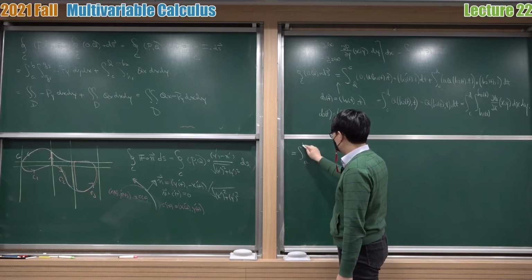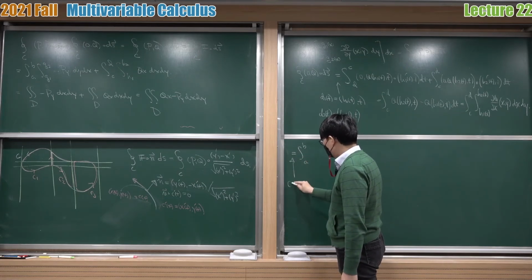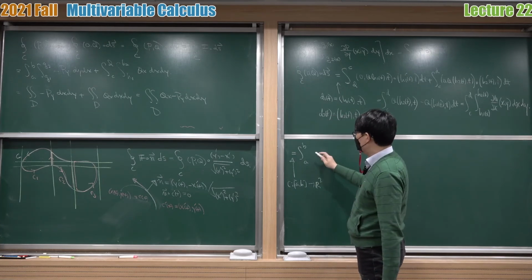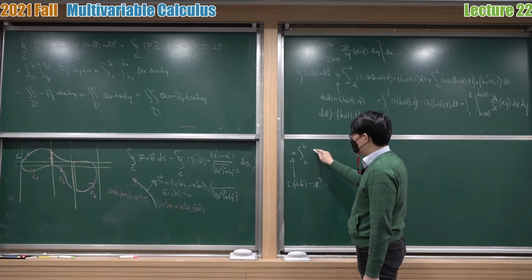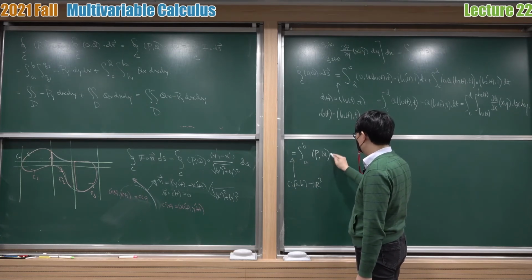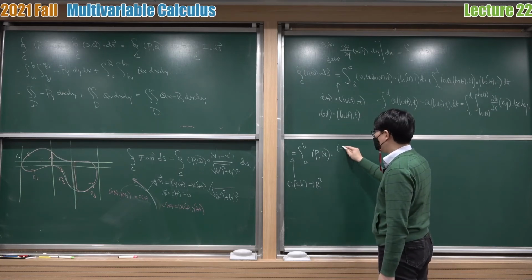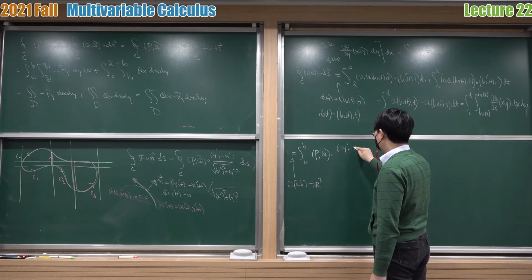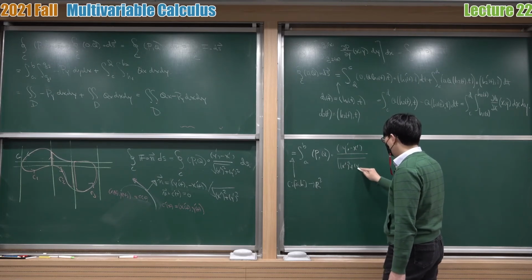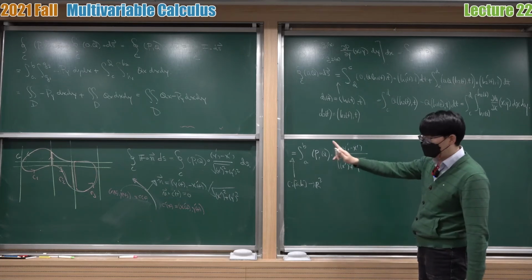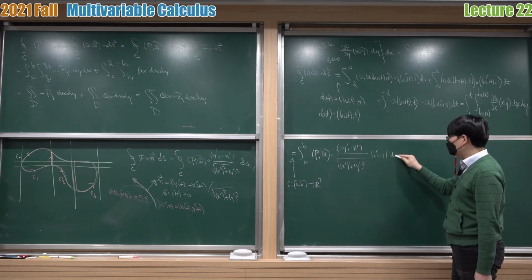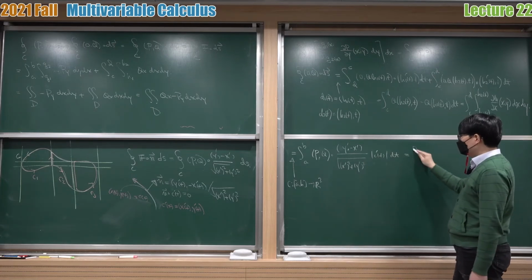So this is equal to the integration from A to B of P, Q, inner product with (minus y prime, x prime) over the square root of x prime squared plus y prime squared, and ds becomes the norm of c prime t dt, right?